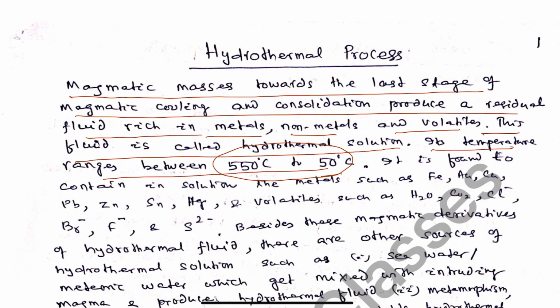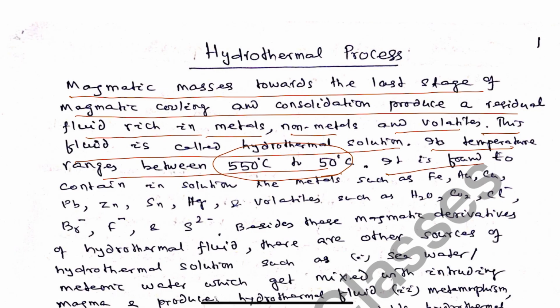And this fluid gives rise to different types of economic mineral deposits, and the main processes involved in hydrothermal deposition are cavity fillings and replacements. So let us discuss how it gives rise to economic mineral deposits.